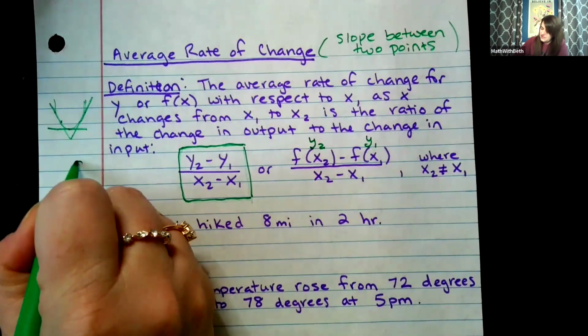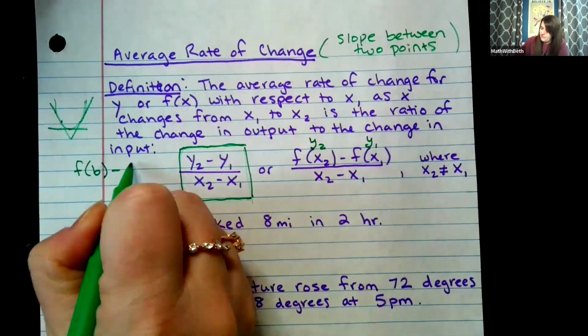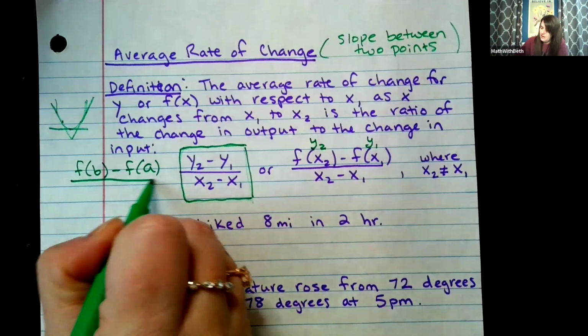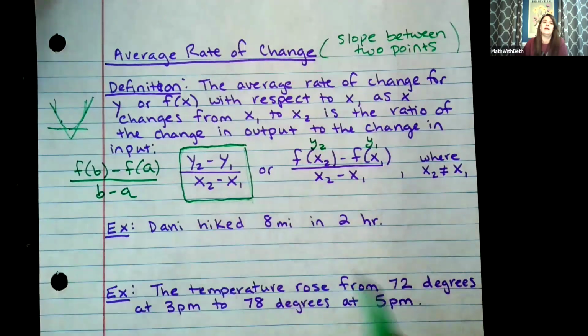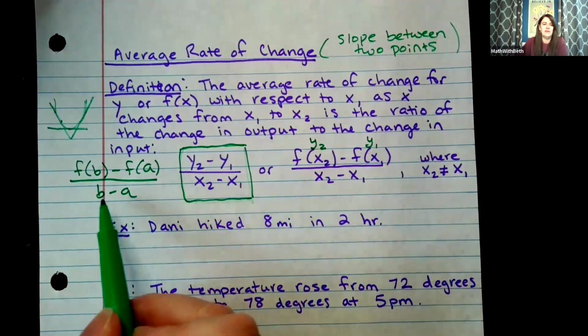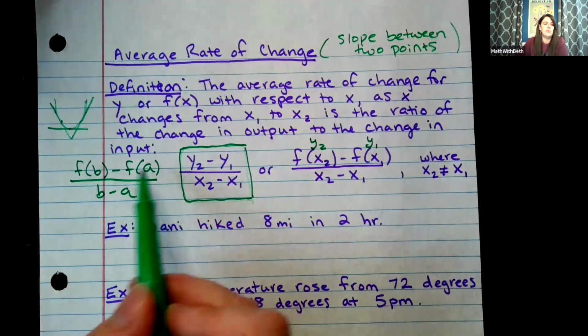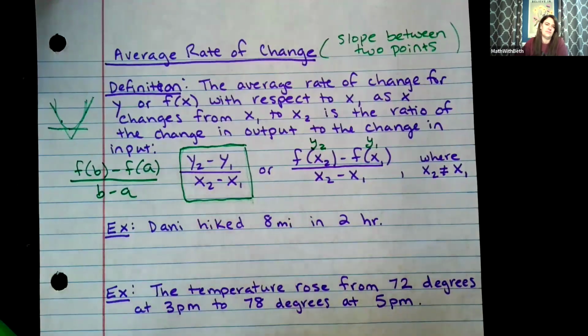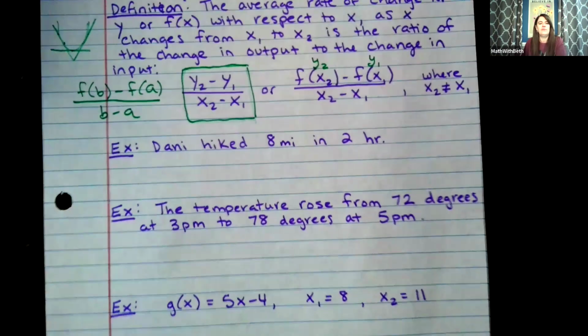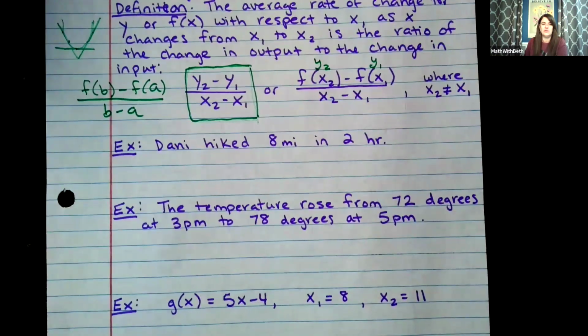Another way you sometimes see this written is f of b minus f of a over b minus a. But again, it's the exact same thing. These would be the 2 x's. These would be the 2 y values you get after you plug in those 2 x's. So we'll see a couple different examples of how you can use this.